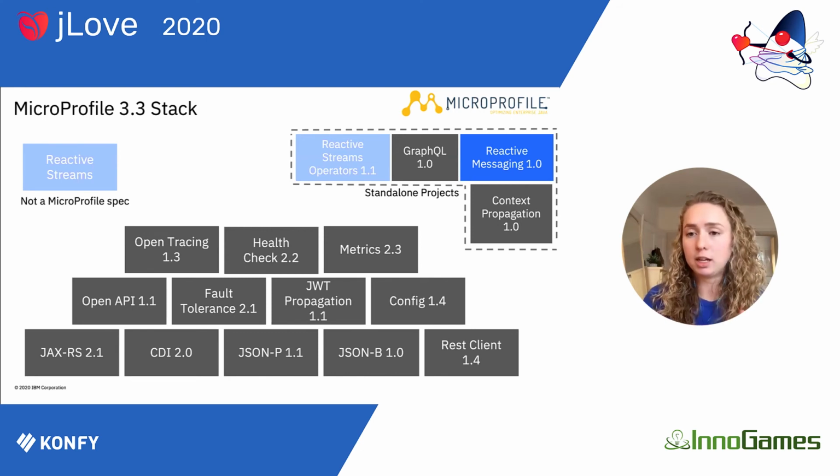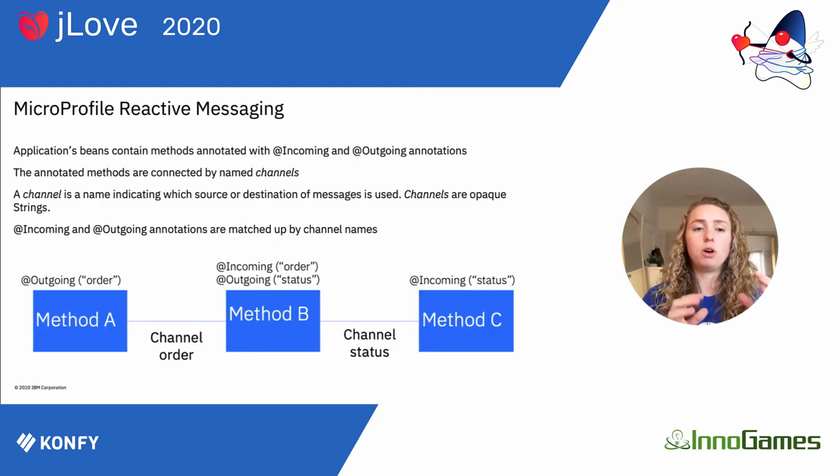Well, it works using annotations. MicroProfile reactive messaging essentially annotates an application's bean methods with either @Incoming or @Outgoing. And they're connected up via something called channels. These channels are just opaque strings. So you can see an example at the bottom here where we've connected up method A and method B, for example, using that channel, which we've just happened to name order.